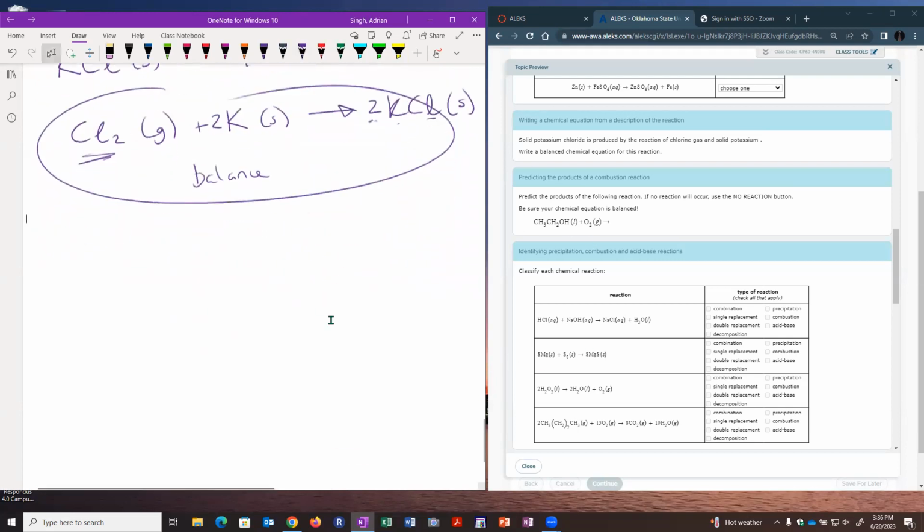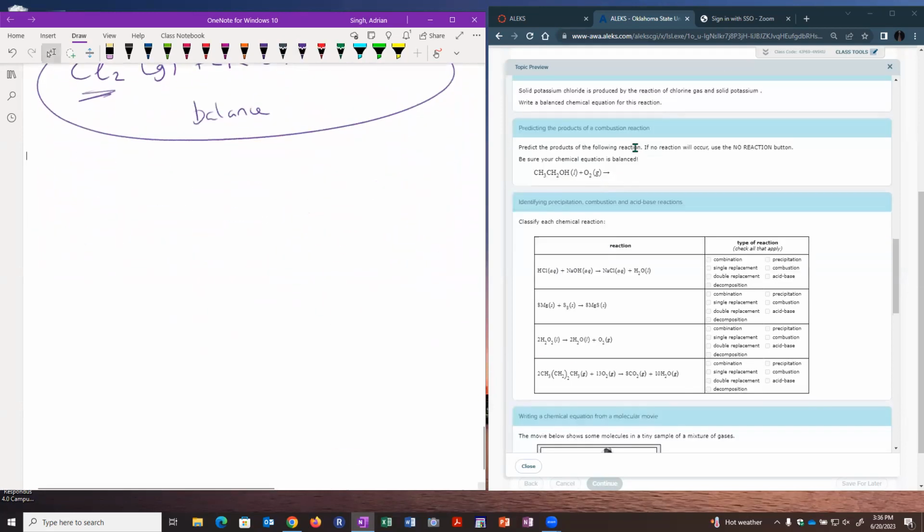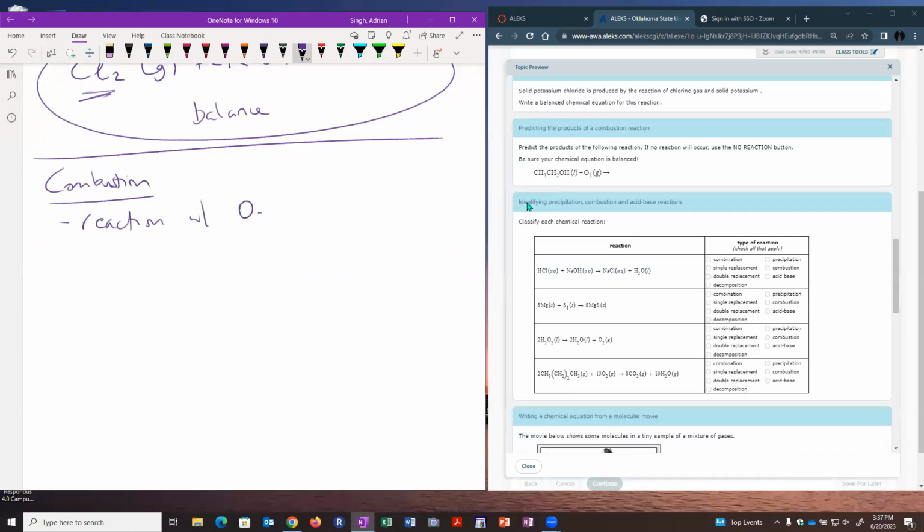All right, next one looks at predicting the product of a combustion reaction. Okay, and a combustion is another type or classification of a reaction. And typically what we have in a complete combustion is the reaction with oxygen. And then the products that we get for complete combustion are CO2, carbon dioxide, and we get water vapor as our products, right?